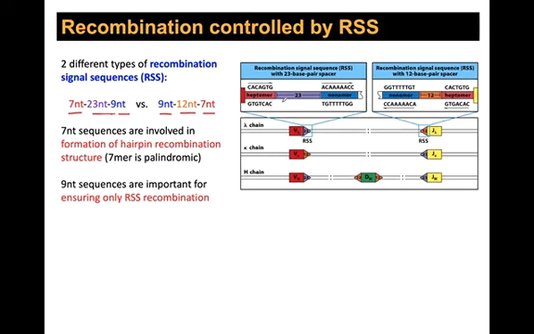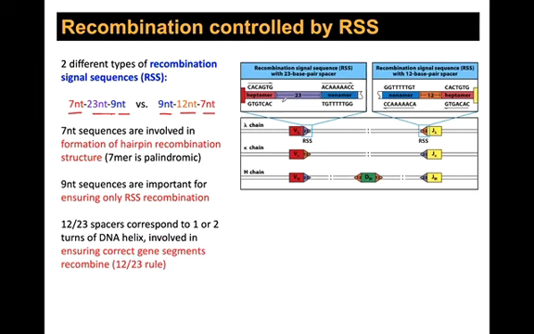The 9 nucleotide sequence is important for making sure that they're actually going to recombine or they're going to get together. Now, the importance of the spacers comes about in that you're pairing up the 9-mer with the other 9-mer. You're pairing up the 7-mer with the other 7-mer.